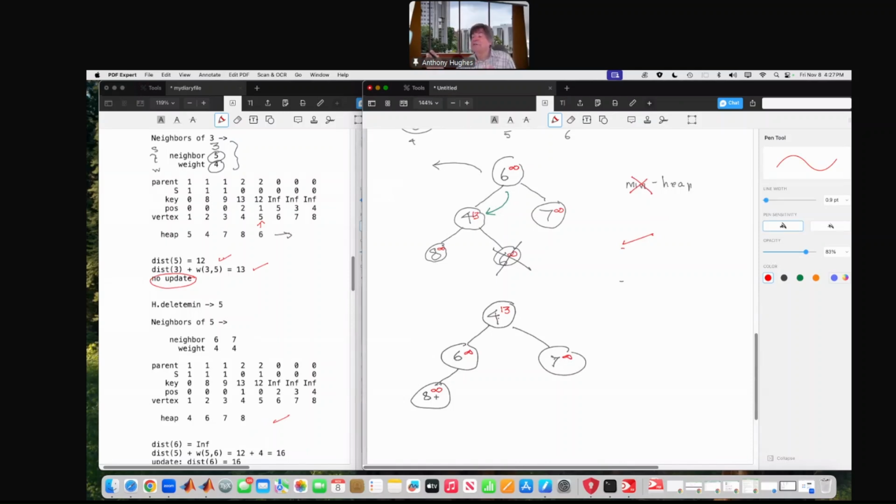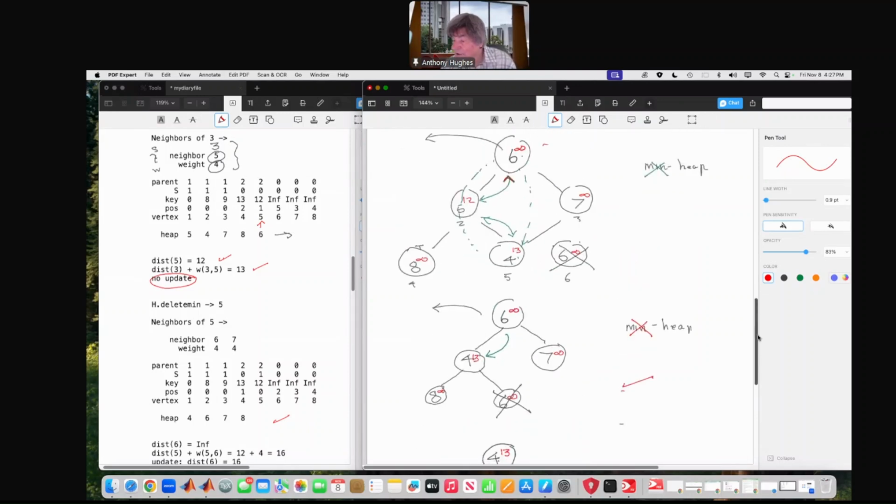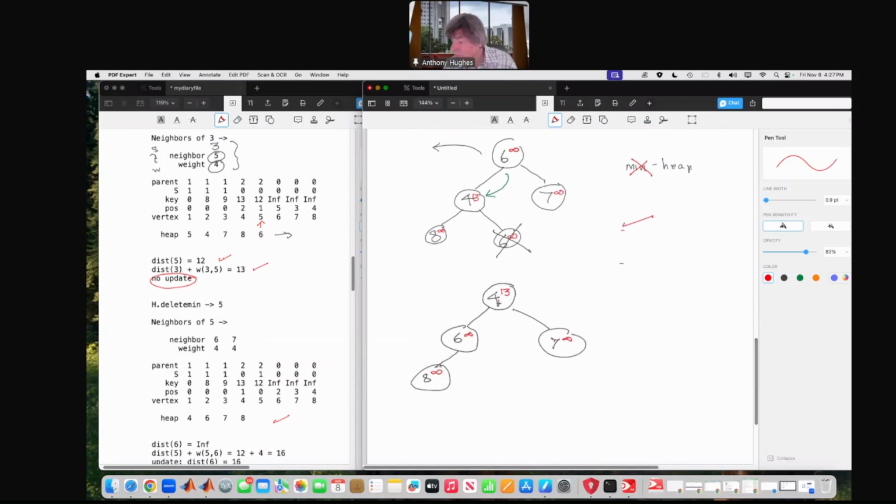So when we delete the nodes out of the tree, remember, we've deleted node 5 out of the tree. And when we delete node 5 out of the tree, we get this tree. So node 5 was the deleted node. Now we look at the neighbors of 5.